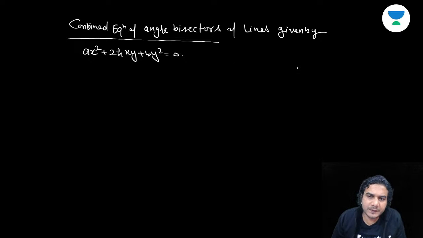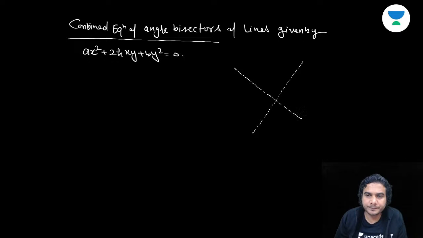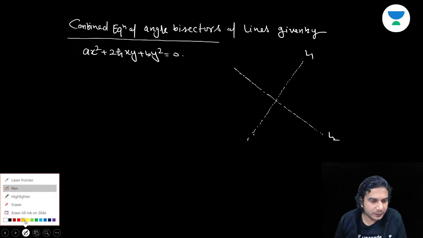So as we find the bisectors of two given lines, these two lines are represented by our combined equation and we need the angle bisectors of these two lines.